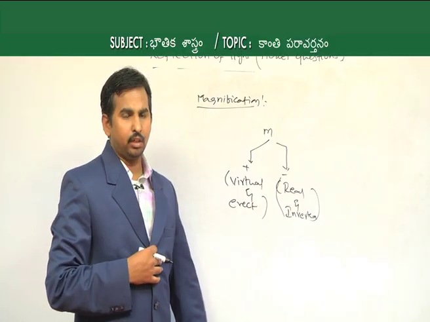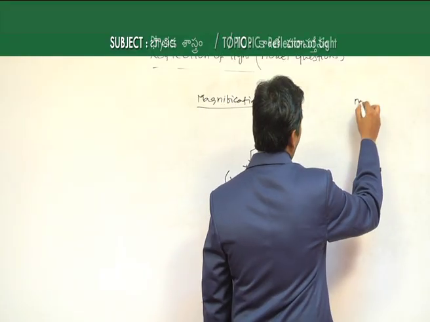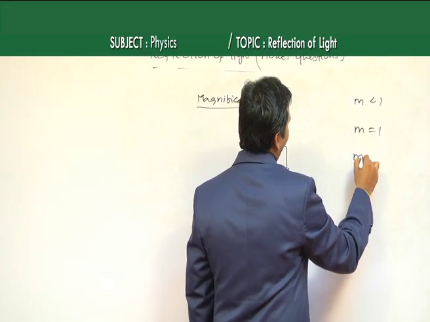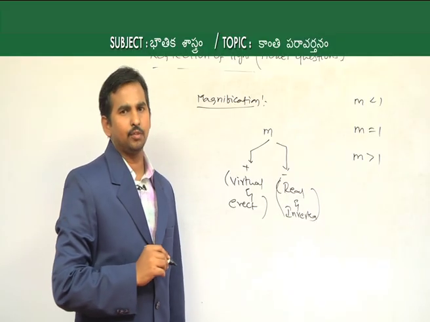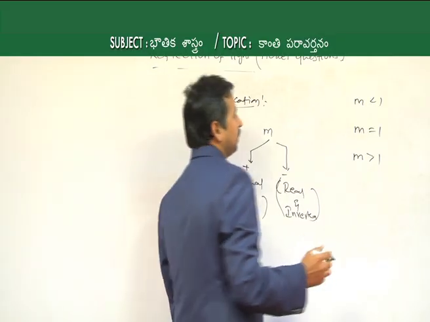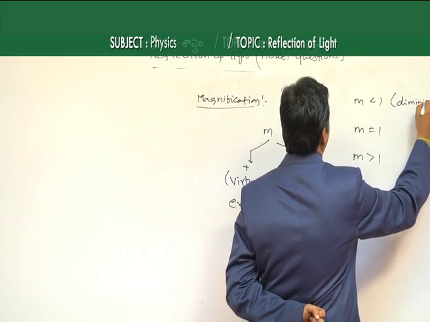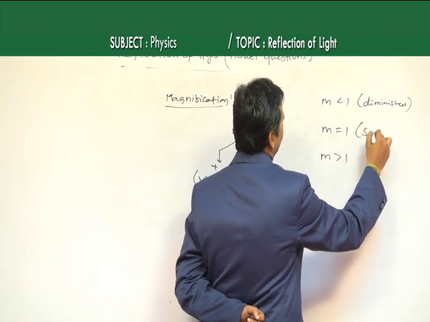And for these m values we have 3 different cases: m value less than 1, m value equal to 1 and m value greater than 1. When m is less than 1, it represents a diminished image. If m equals 1, the image is of the same size.